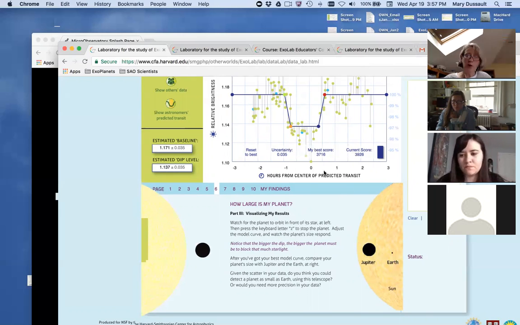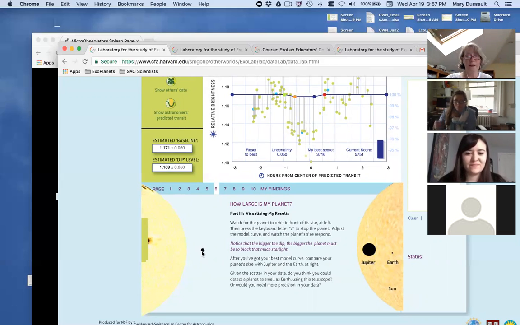And so you can see that given the messiness of our data, it would be very hard to detect an Earth-sized planet with our little 6-inch ground-based telescopes. Even a planet this big, which would have a dip like this, I'm not sure our messy data would be able to distinguish that.